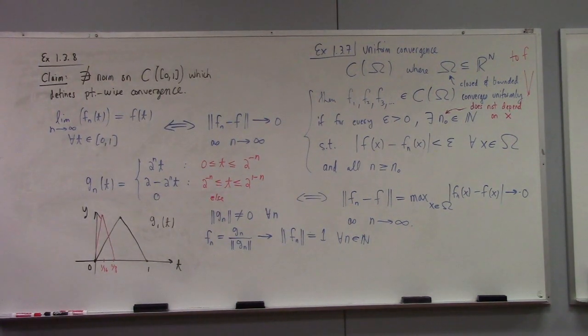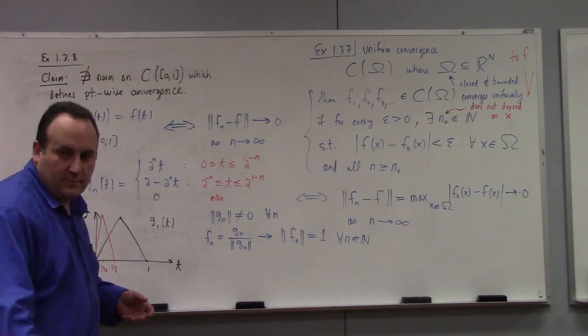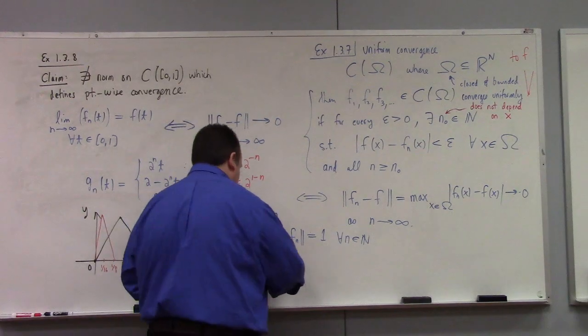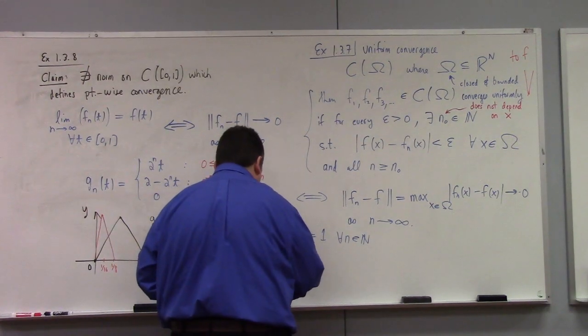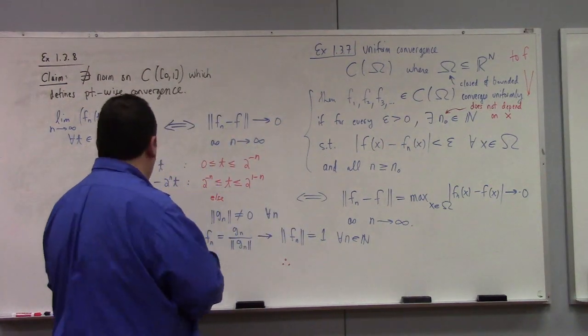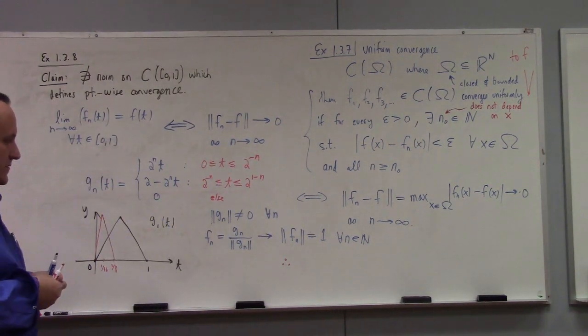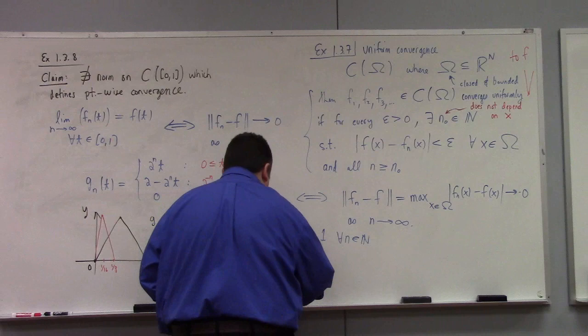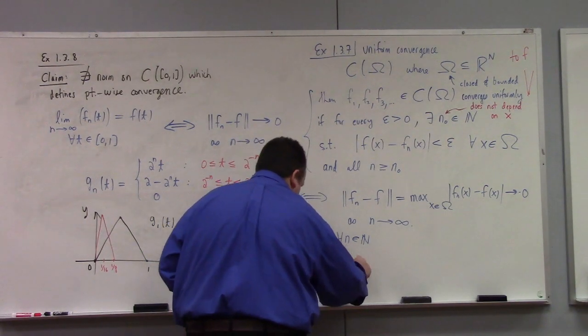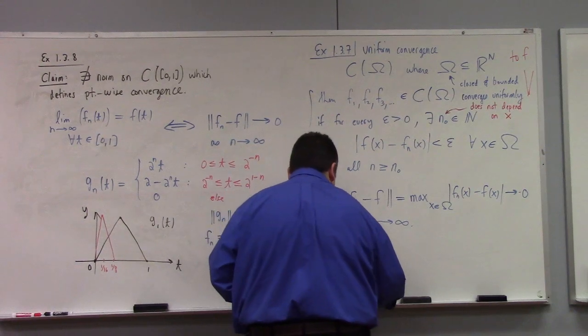So what he says is, thus the sequence fn is not convergent to 0. So the norm of fn minus 0 is not going to 0, right?